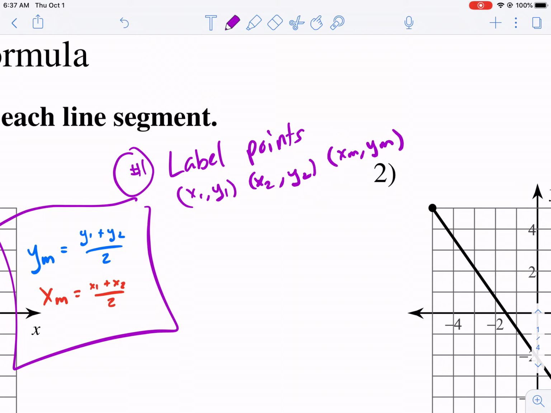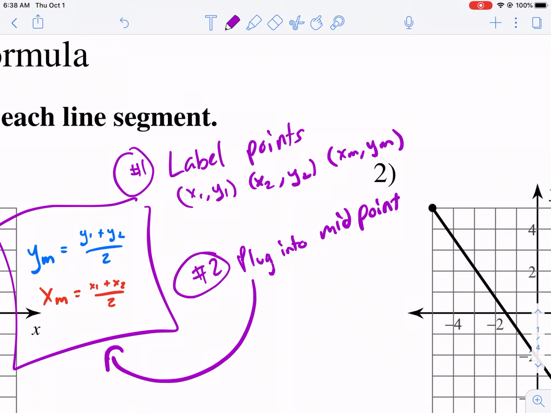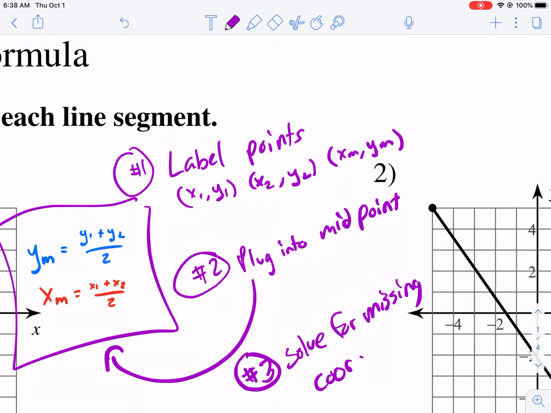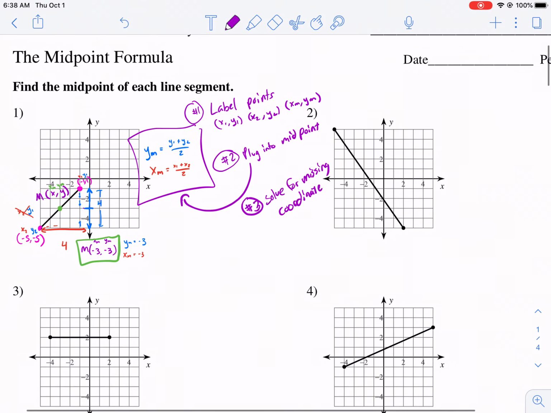If you have more than one of those points unknown, then you can't do it. Then you plug into the midpoint formula. I didn't explicitly say it, but this is your midpoint formula. Then you solve for the missing coordinates.